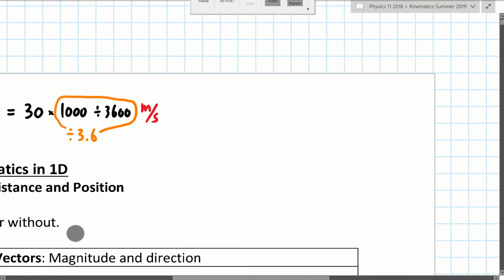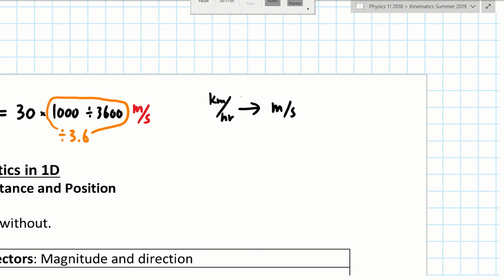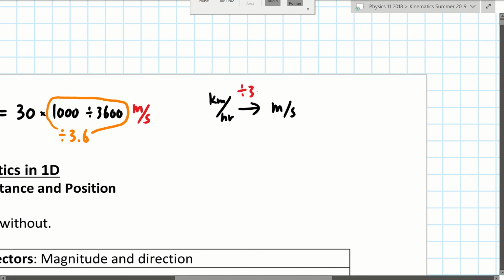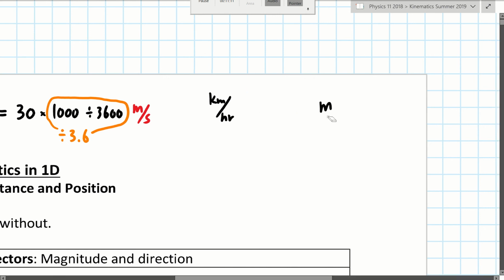So therefore, here's a shortcut. From km per hour to meter per second, all you have to do is divide by 3.6 if you want to go that way. Okay, so you know what? I should write it so that I can go both ways.